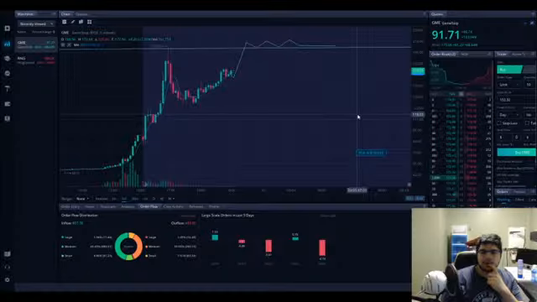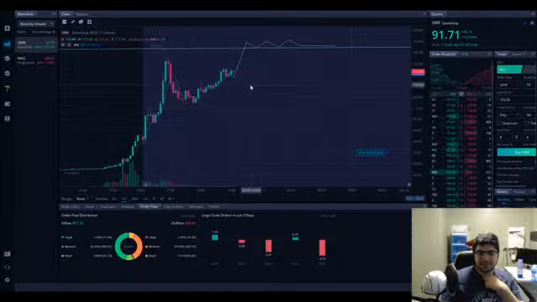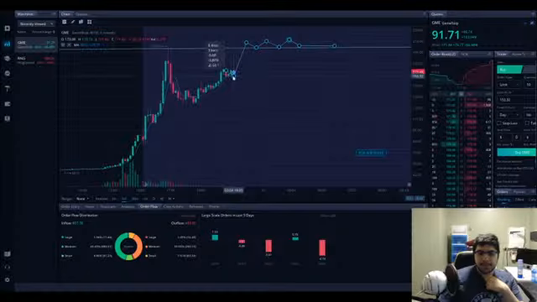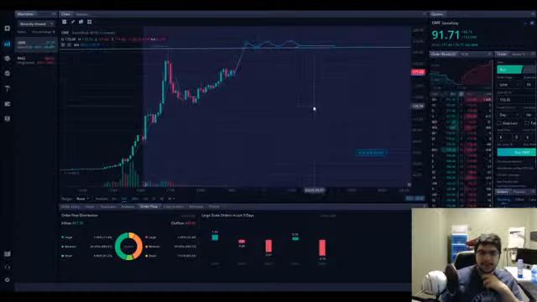That's interesting. Hmm. We're not gonna get the pullback, maybe. There we go. It's a really small pullback, but it is happening.